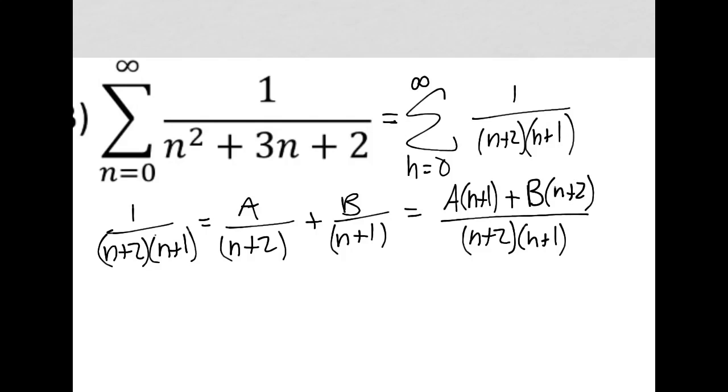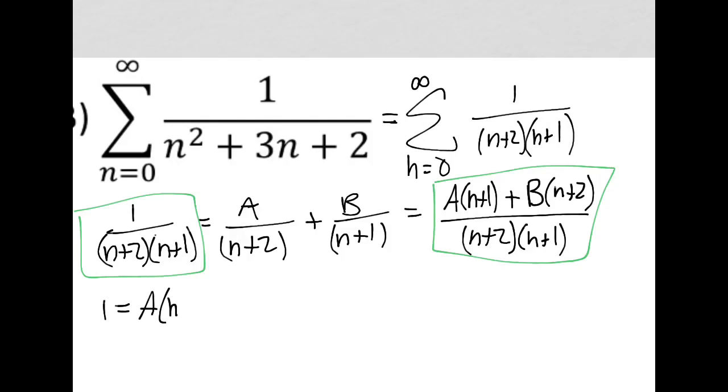Now notice on the right and on the left we have a common denominator, n plus 2 times n plus 1, which means the numerator 1 has to be equivalent to A times n plus 1 plus B times n plus 2. So we have 1 equals A times n plus 1 plus B times n plus 2.